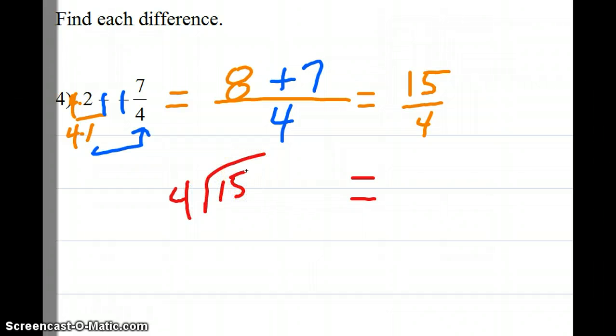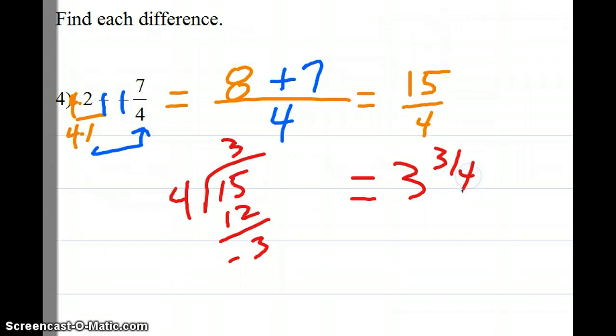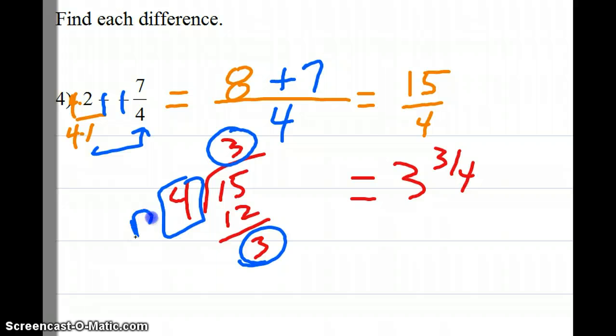That would go 3 times. And when we subtract to get the remainder, we'll have 3/4 as our fraction. So this number becomes your numerator. This is your big number on front, and the number on the outside is always your denominator.